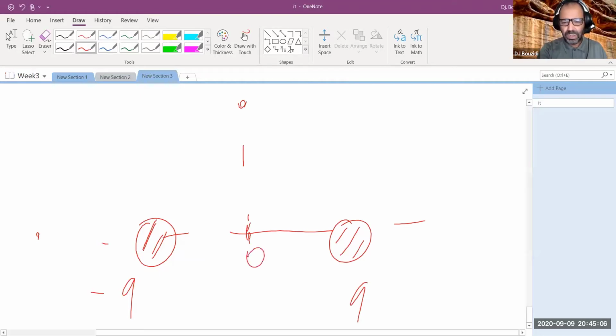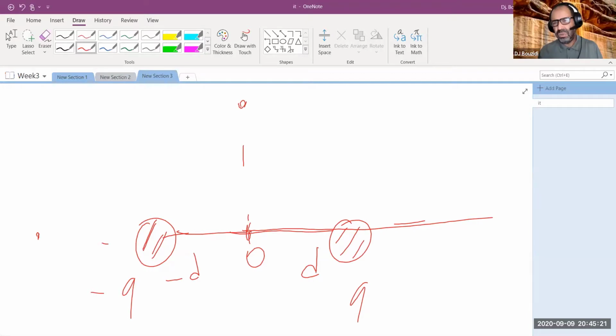We're going to take this one as the origin of the x-axis. This distance, for simplicity's sake, I'm going to call d, and this distance is going to be negative d. So in my dipole, in this case, it's 2d. If I don't do 2d, I will be carrying a 4 with me all over, I mean 2 squared everywhere. So I'm going to make it easier and make the distance of the dipole 2d.